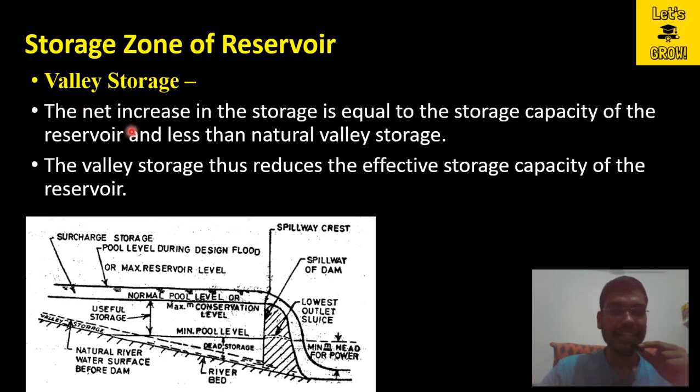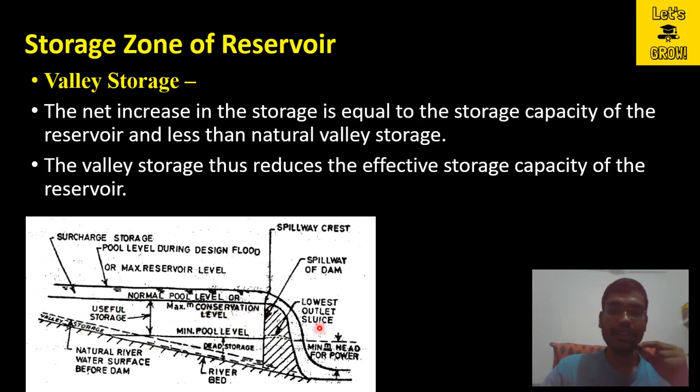The net increase in the storage is equal to the storage capacity of the reservoir less the natural valley storage. So if we look at the net increase in the storage, we have constructed this dam, and this dam has a certain storage capacity.